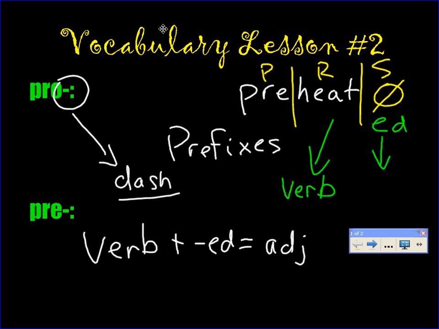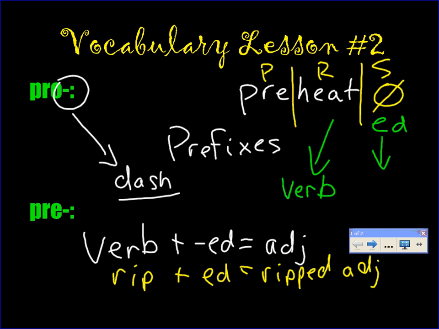Rip, the verb, add the ed becomes an adjective. Rip plus ed becomes ripped, which is an adjective. And then it functions differently in the sentence. So instead of saying I rip the paper, we would call it the ripped paper.